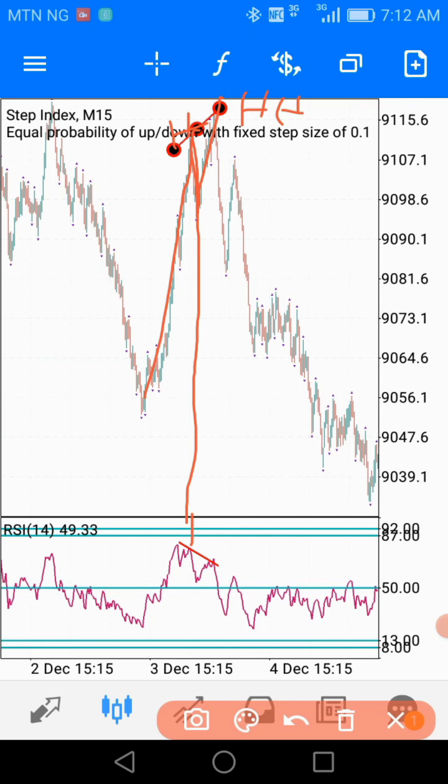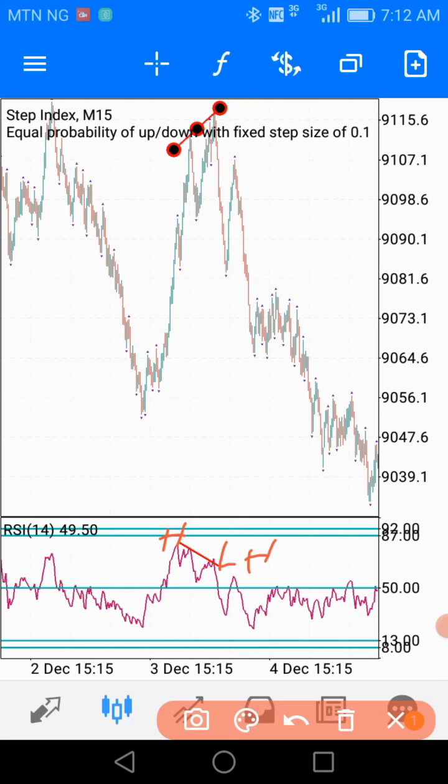The indicator rather recorded a lower high. So let me write again. This is a lower high. This was a high, but this high is lower, yes, lower than this. I hope you got that.